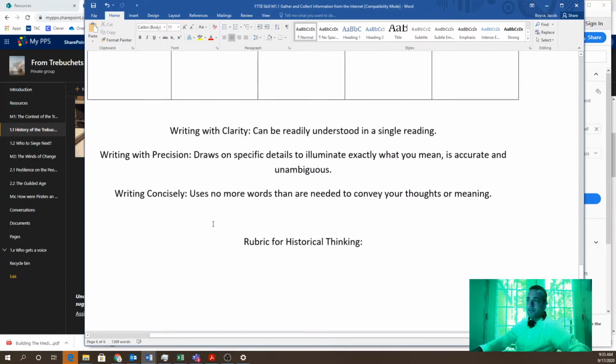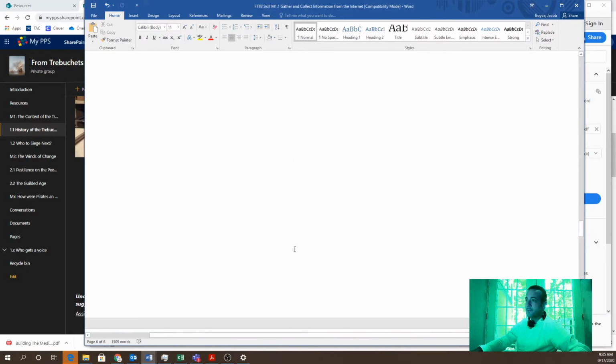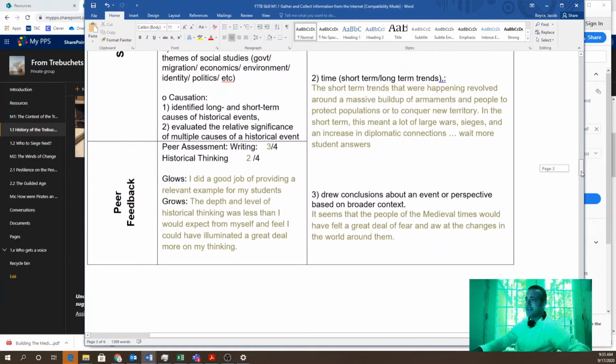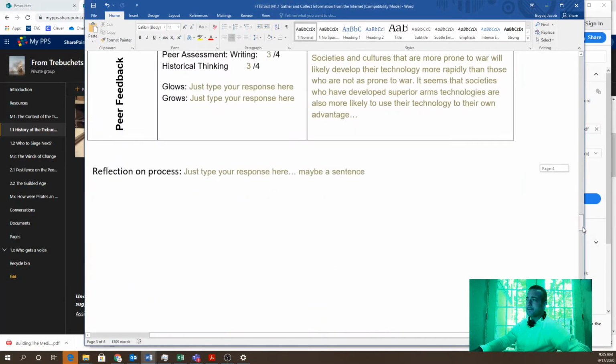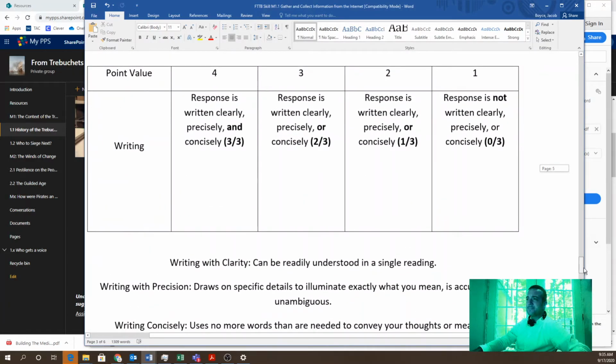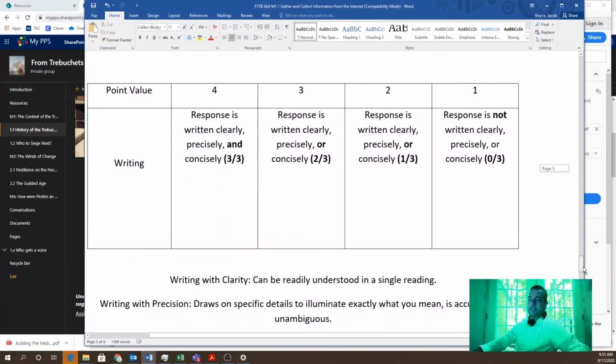So all you do is you go through and you give yourself a little bit of feedback here. And I only gave myself one example here. I gave myself a 3 on my writing because I thought it was pretty good. But what I was lacking here in my writing, I didn't think it was as precise as it needed to be.